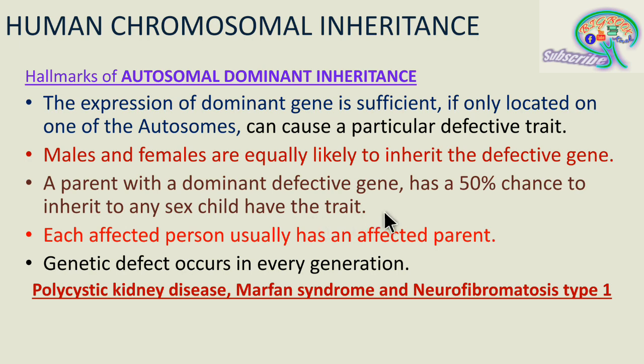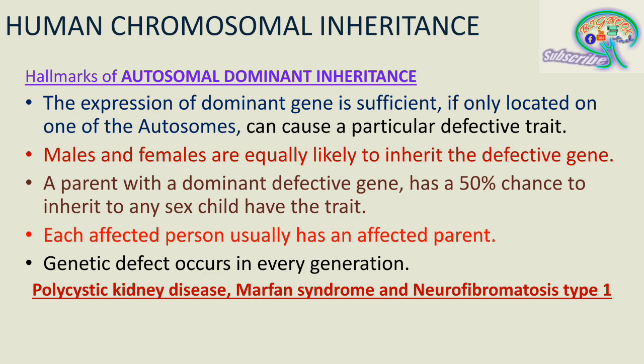Now here, the autosome is going to be inherited irrespective of sex. If you consider the allosomes, they are inherited respectively: XY for the males and XX for the females. But autosomes are not so.